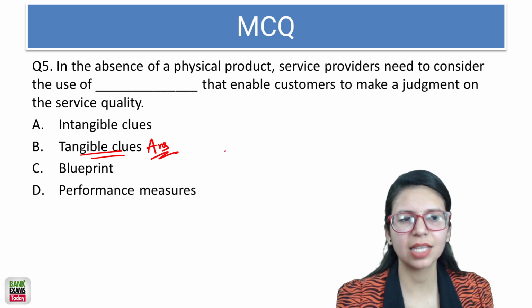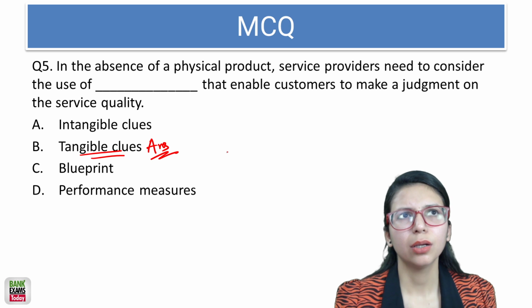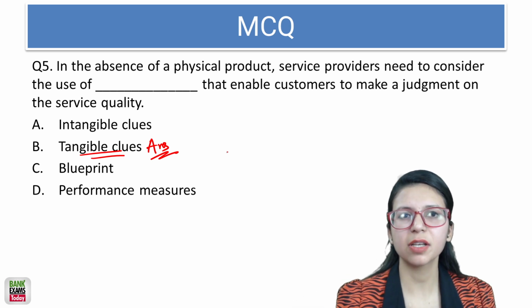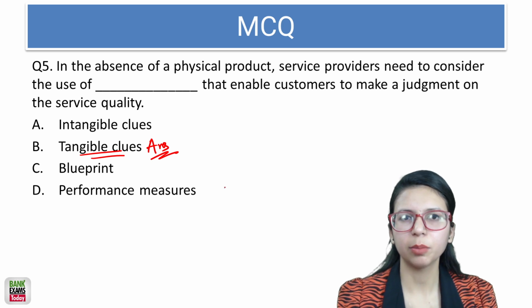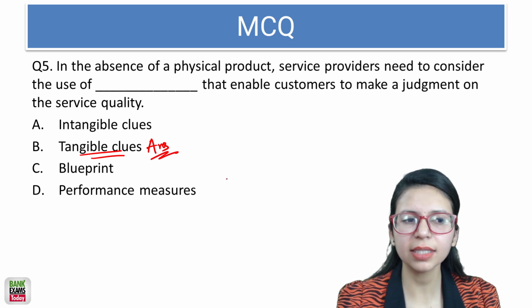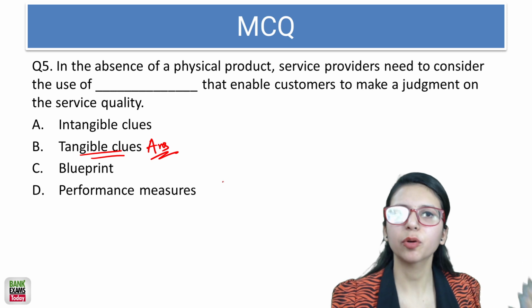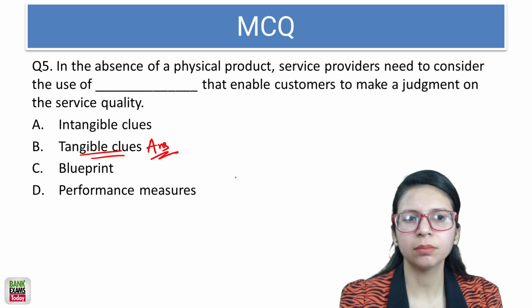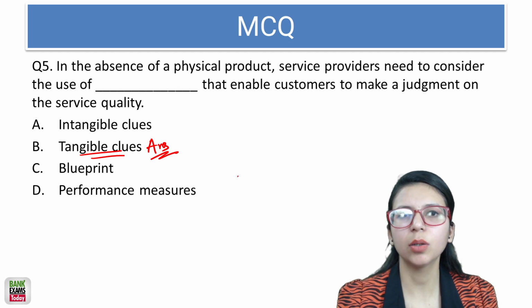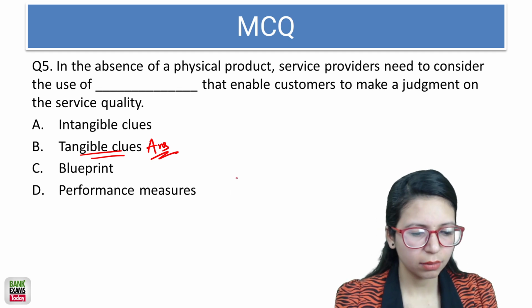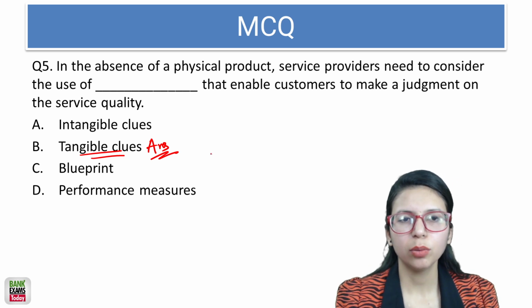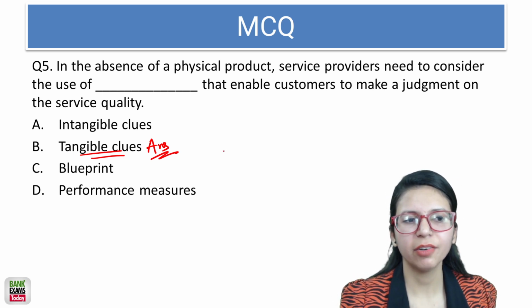What exactly is a tangible clue? It can be a printed form, the receipt of the service provided. It can be a bill, right? So that is a tangible clue that we have provided a service. For example, whenever you rent a room in a hotel, you receive a receipt for that.